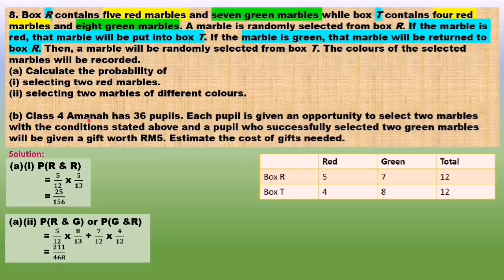B. Class 4 Amana has 36 pupils. Each pupil is given an opportunity to select 2 marbles with the conditions stated above, and a pupil who successfully selects 2 green marbles will be given a gift worth Rm5. Estimate the cost of gift needed.